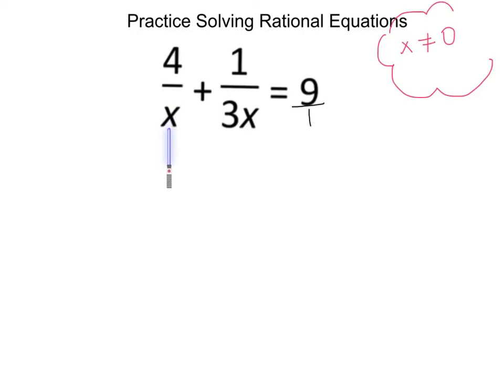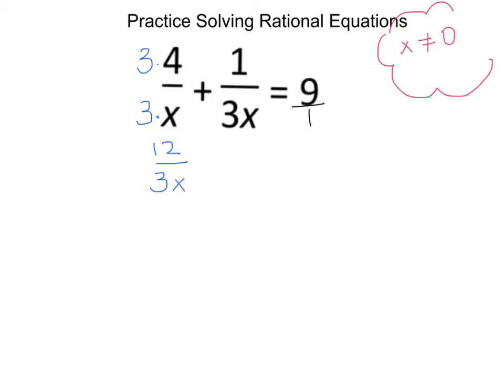There's the smaller denominator. We need it to look like that. So we need to multiply this one by what? 3. So we're going to multiply the bottom by 3. That means we also have to multiply the top by 3. So our new fraction is going to be 12 over 3x.